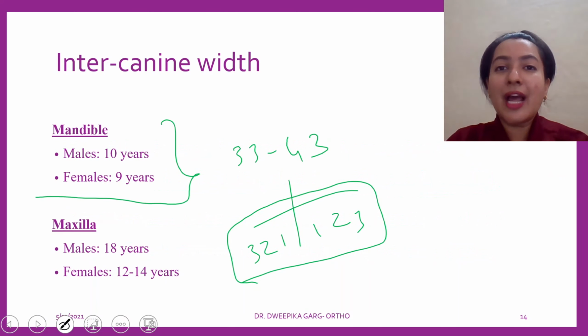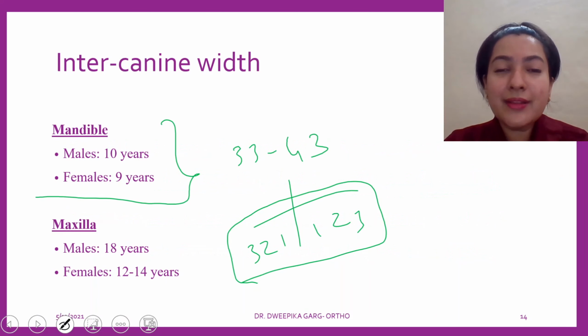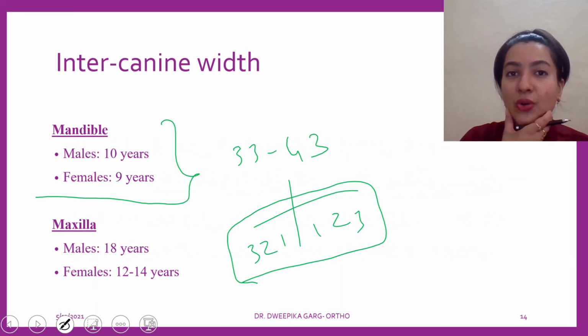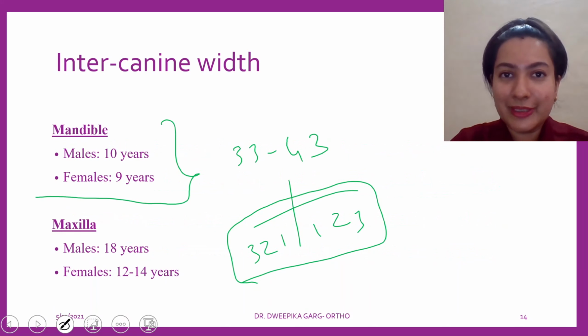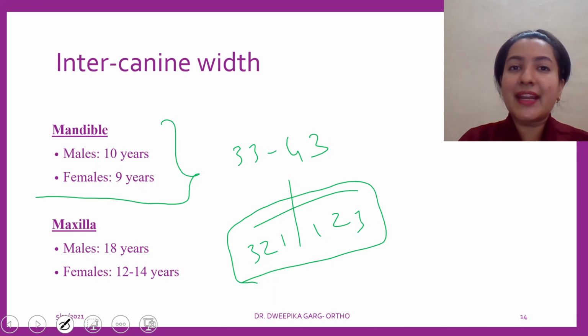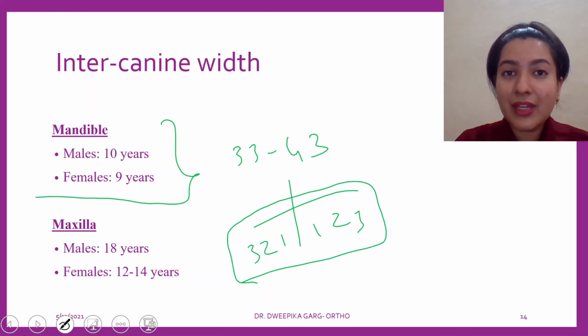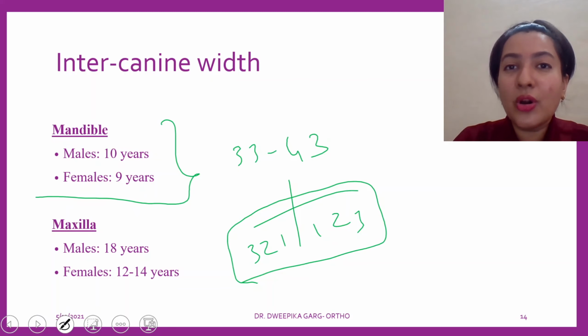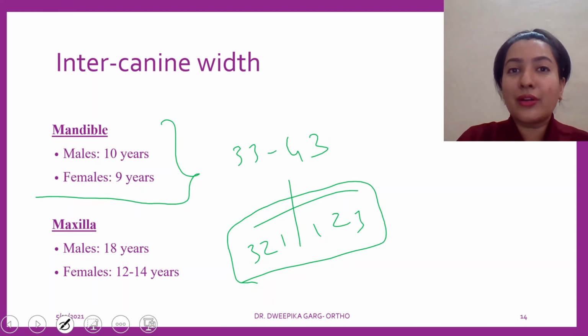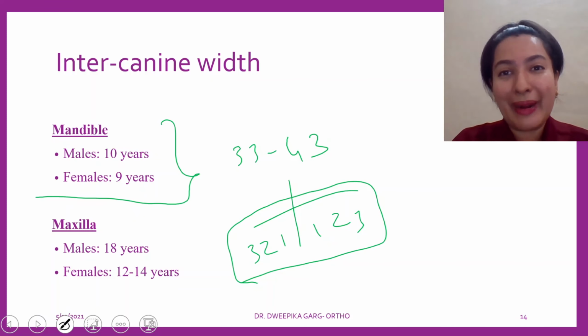After this, puberty hits, and there is horizontal or forward growth of the mandible. My mandible will start growing, so my maxillary intercanine width will wait. It will delay its growth on purpose so that it can accommodate my horizontal growth of the mandible.